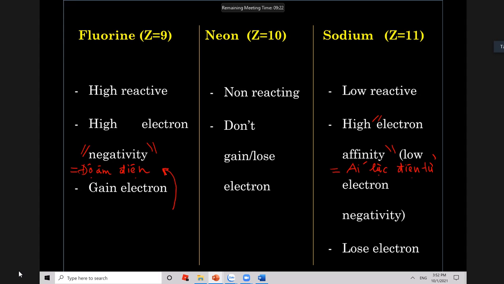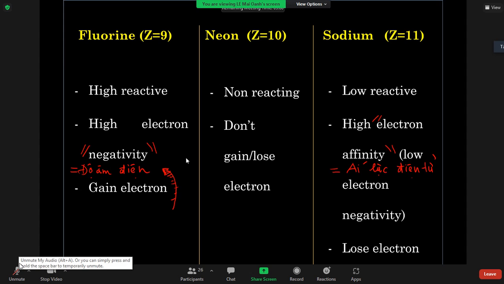À không, đúng rồi. Cái này là natri cộng. Affinity, ái lực điện tử. Ái lực điện tử và độ âm điện. Độ âm điện của thằng kia là cao. Đúng rồi. A cộng sẽ có ái lực điện tử lớn.